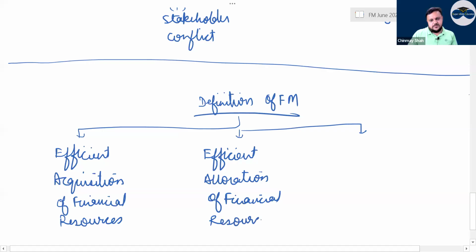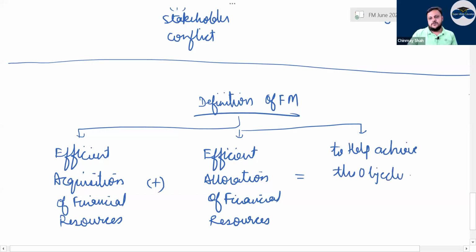Together, right? To help achieve the objectives of a company.